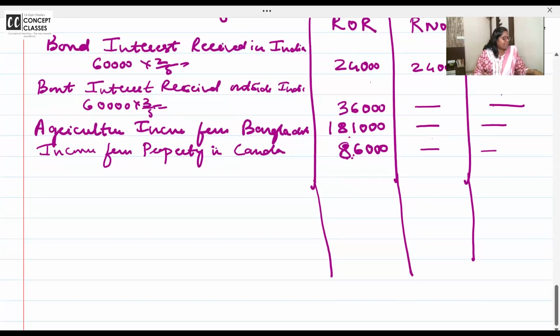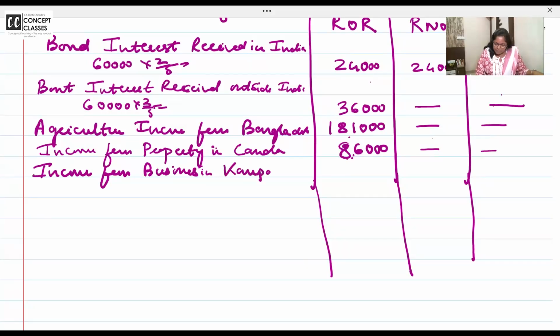Income earned from business in Kampala, which is controlled from Delhi. And 15,000 out of 65,000 is received in India. Income from business in Kampala, received in India.